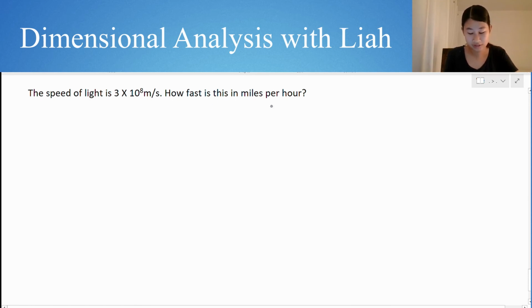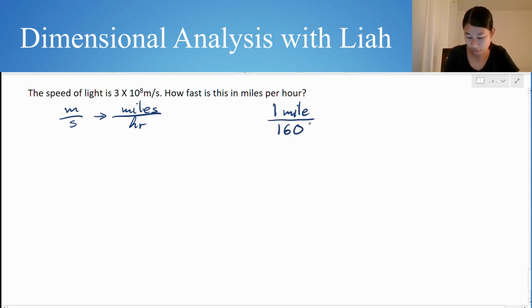The speed of light is 3 times 10 to the 8 meters per second. How fast is this in miles per hour? So we have meters per second, and we want to convert that to miles per hour. And again, dealing with miles and meters, we know that in 1 mile, there are 1,609 meters.